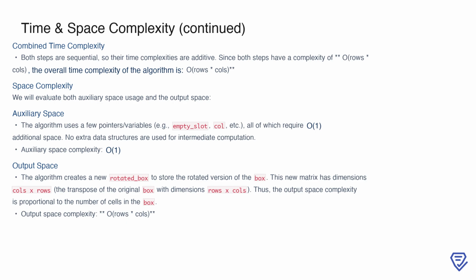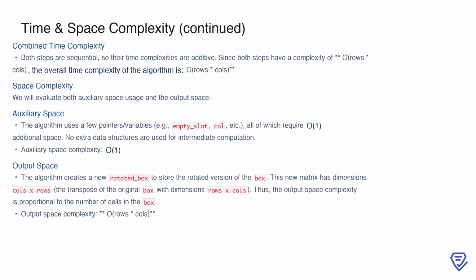Moving on to space complexity, let's first look at the auxiliary space. The algorithm only uses a few variables, such as empty underscore slot and col, all of which require constant space. No additional data structures are created for intermediate computations, so the auxiliary space is O(1).